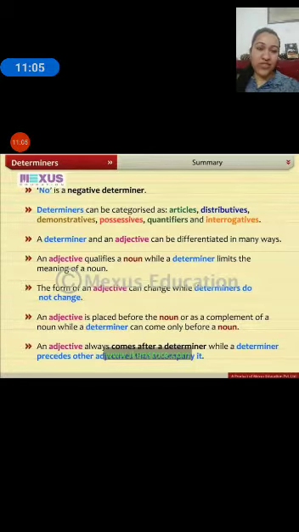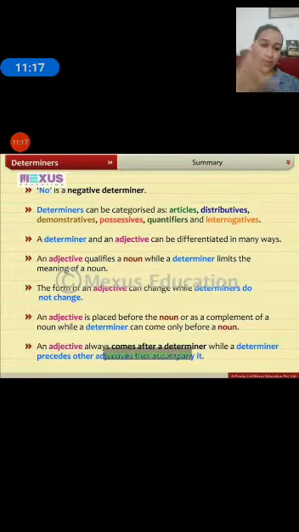Okay. So what basically is the difference here? The 5 categories that we mentioned: demonstrative, possessive, interrogative, distributive, and quantifiers. These 5, remember, these 5 adjectives are a subtype of determiner. Articles have nothing to do with adjectives. Okay.